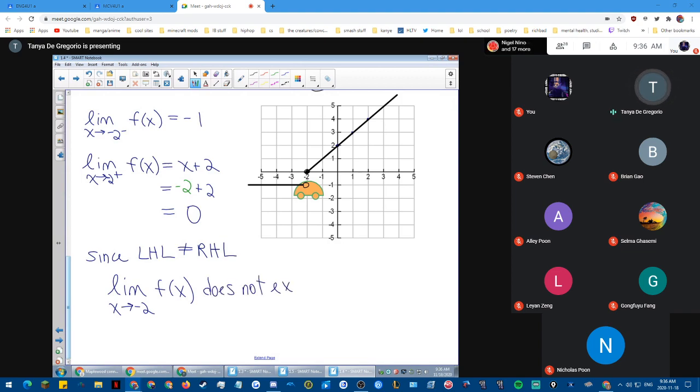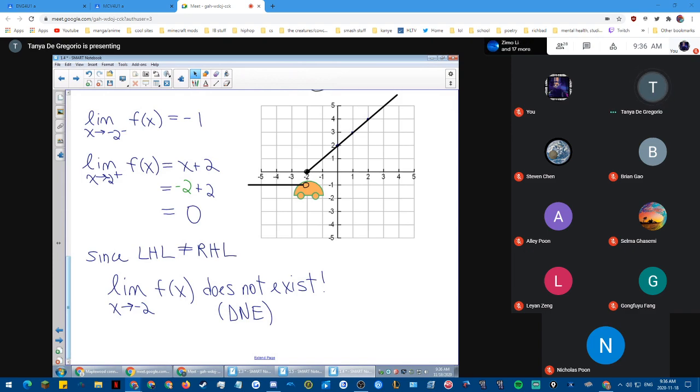Now, you don't have to write does not exist, you're going to write DNE in capitals. So here I sub in -2 because that's the x value that we're approaching, right? Are there any questions so far?